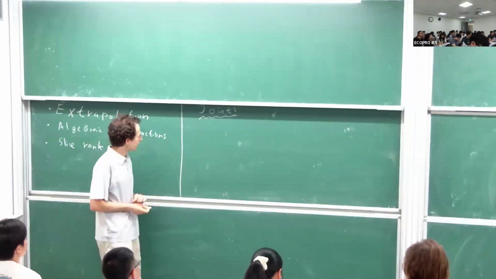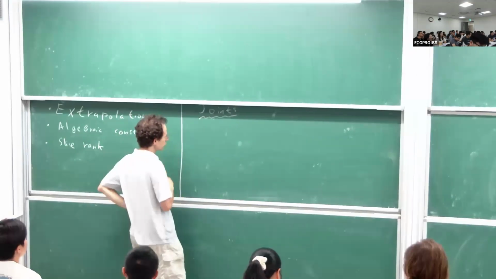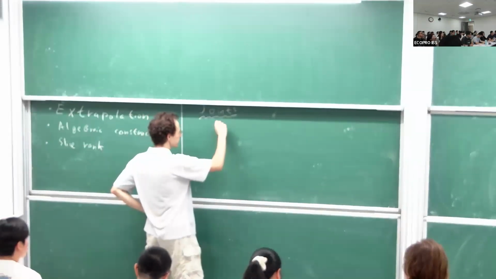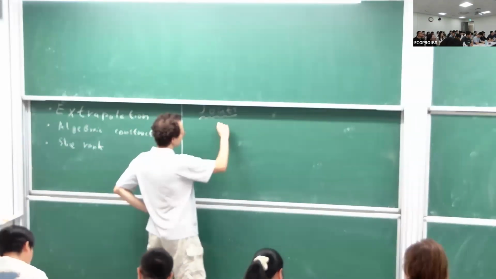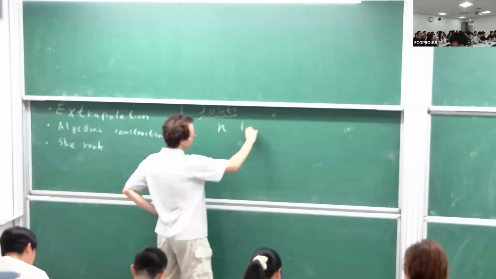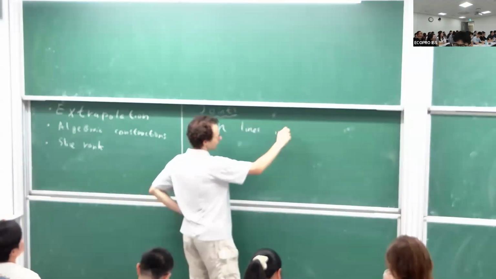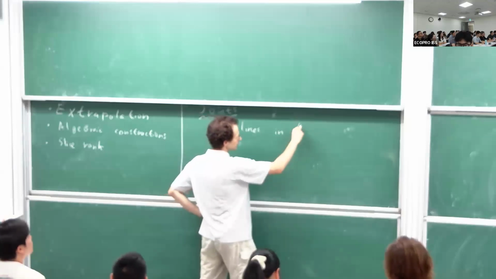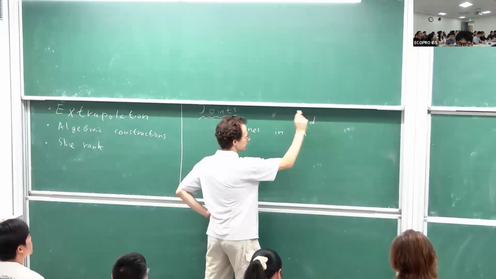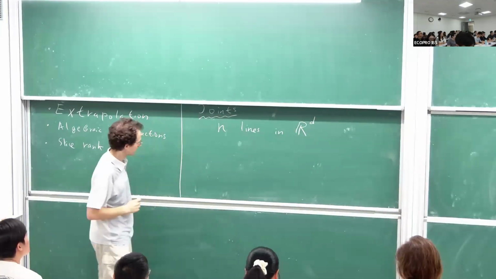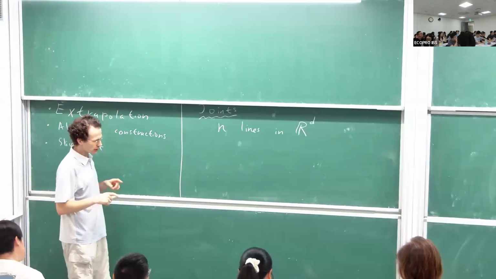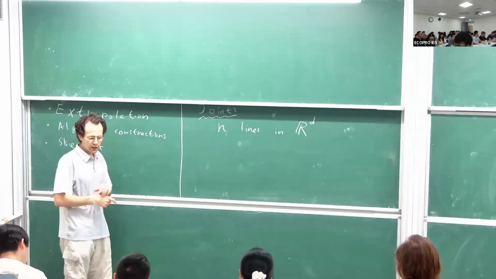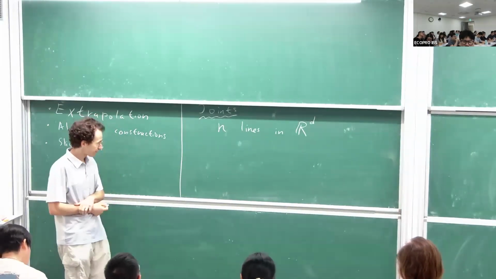You have n lines, and for this particular problem I will stay in Euclidean space, R to the d, and we're going to be interested in the intersection points of these lines.